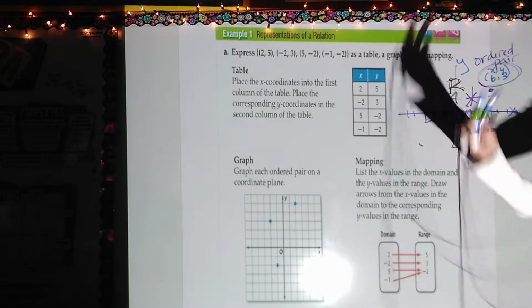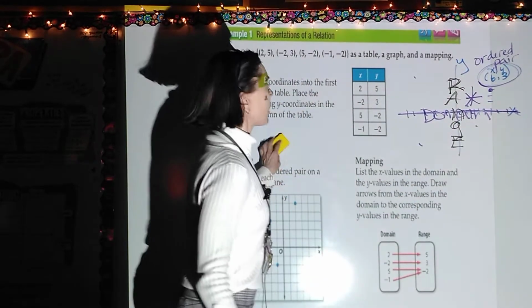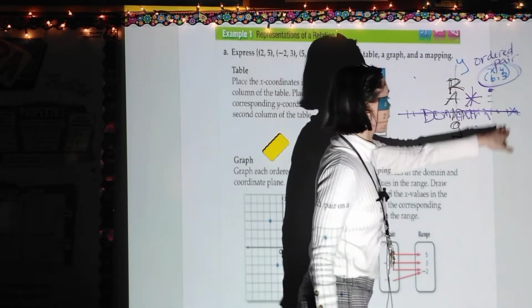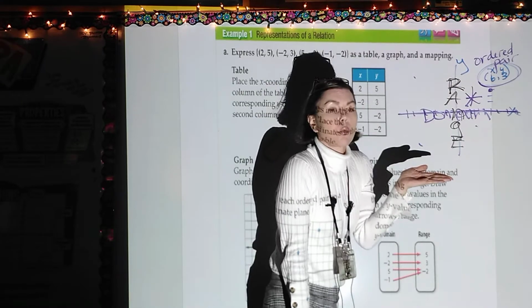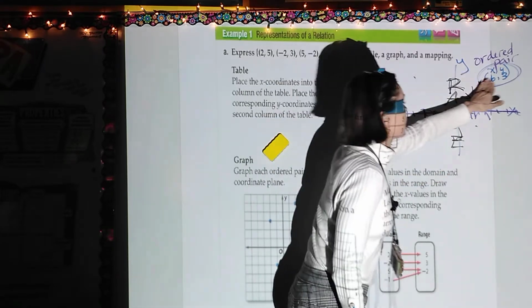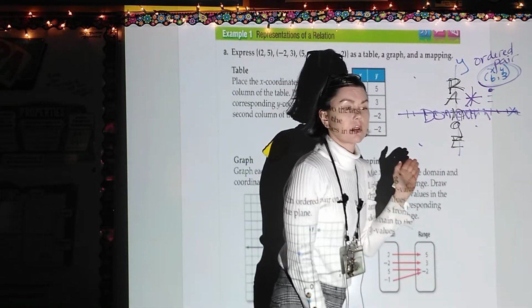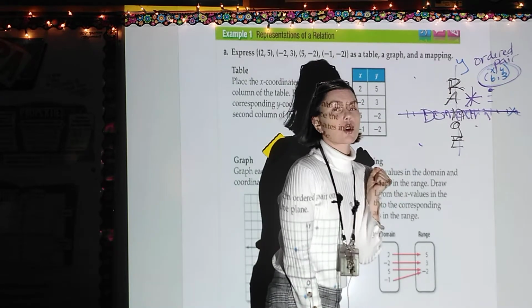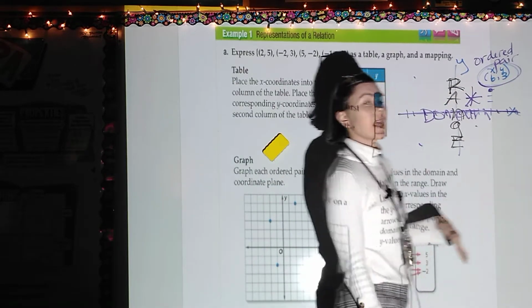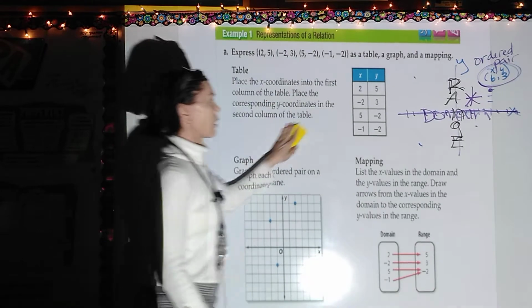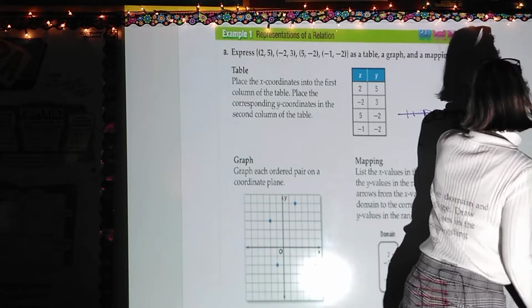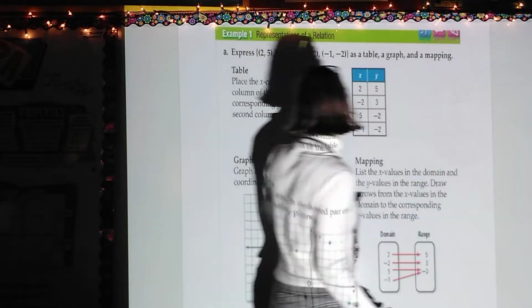Let's go back to talking about what if I were to take 5 different points from this coordinate plane, 5 different ordered pairs, and I took all of those ordered pairs and put them in a list. It would look like what you see here. So let me erase this to clean it up. Let's take a look at what we see here.